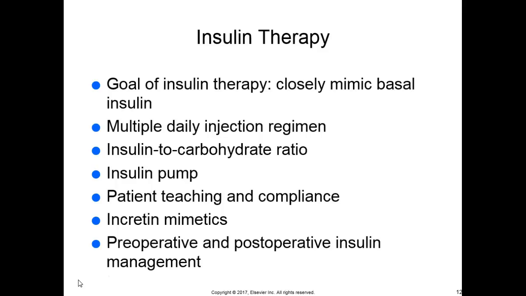Patients may need reassurance that they're not going to be on insulin for the long term, but it's just a temporary intervention until they are able to eat and get back to their normal diet.